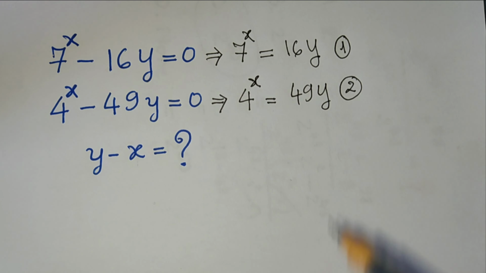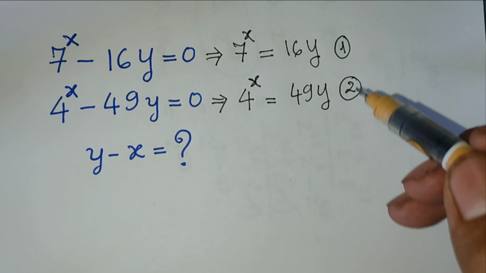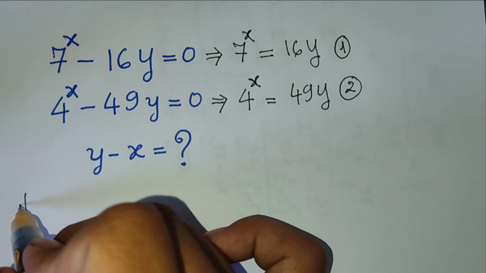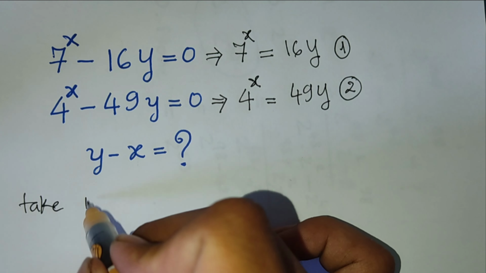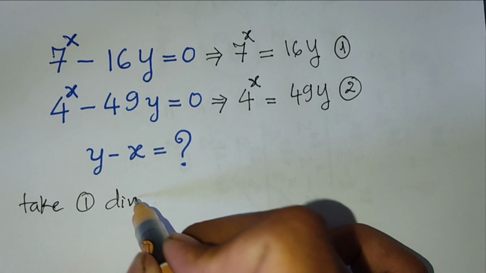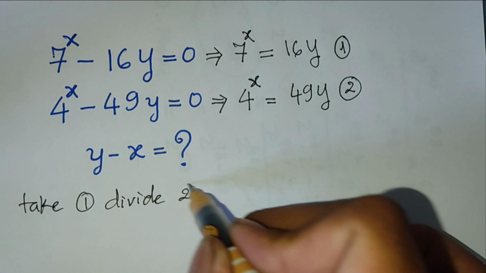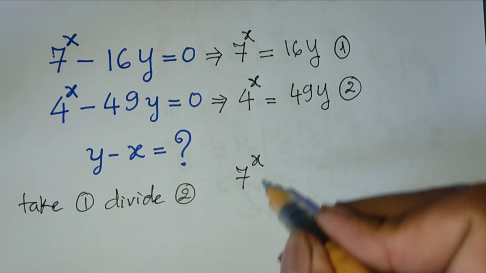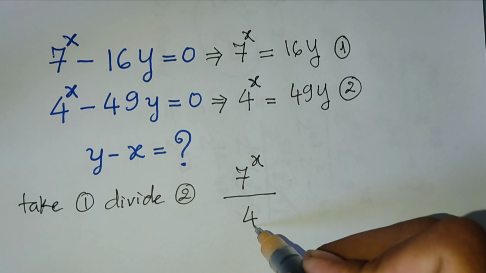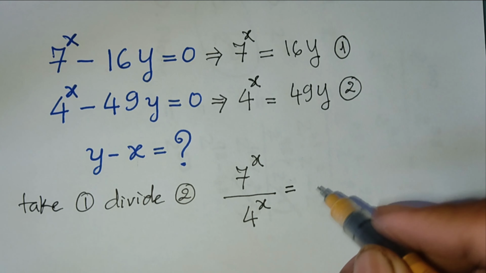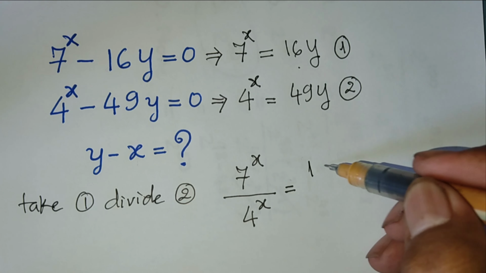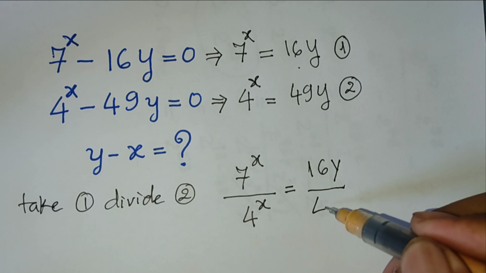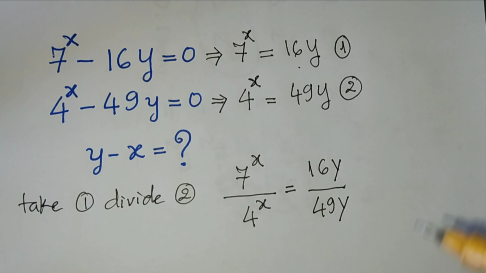And now we take the first equation divided by the second equation. So we get 7^x divided by 4^x equals 16y divided by 49y.